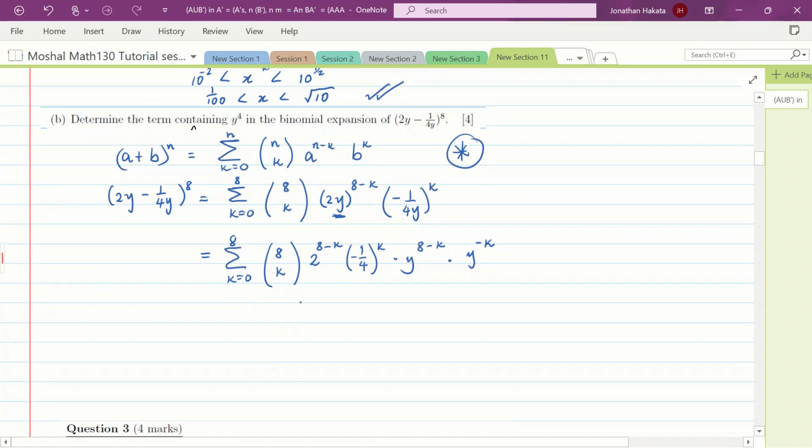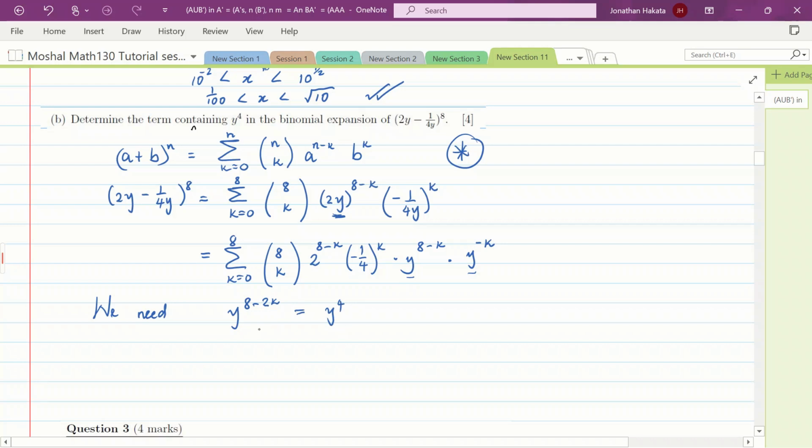Then we require y to the power of 8 minus k. As you can see, guys, if you are multiplying y to a certain power and y to some other power, the base is common, so we can just add the indices, and we end up with 8 minus 2k. We require that this should be equal to y to the power of 4, isn't it?